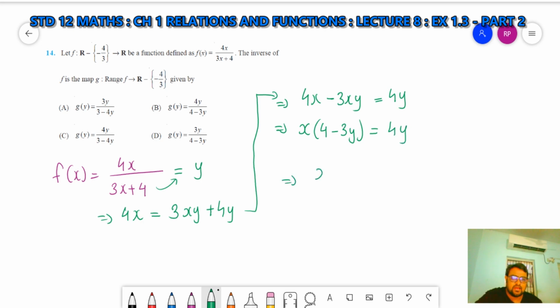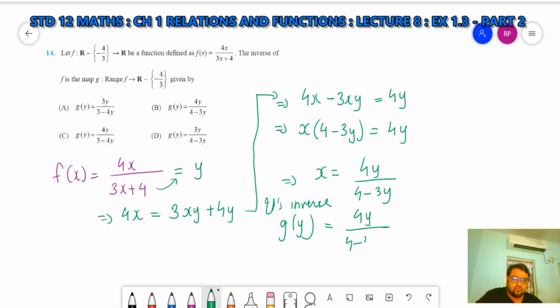So what does that imply? x is equal to 4y upon 4 minus 3y. That means the inverse g of y will be equal to 4y upon 4 minus 3y. Clear?